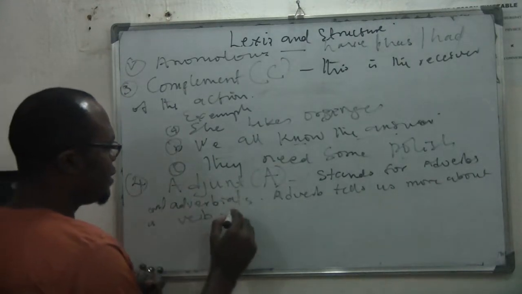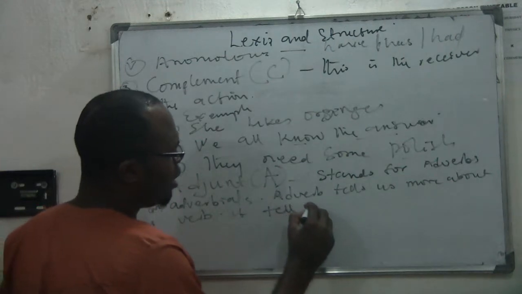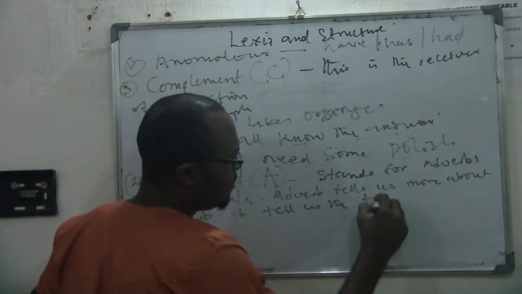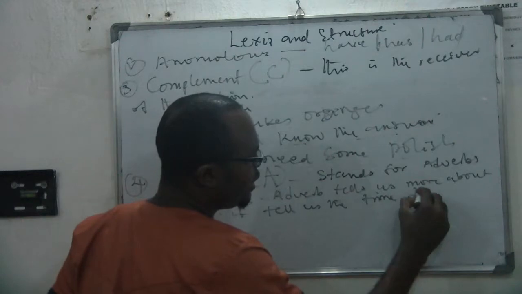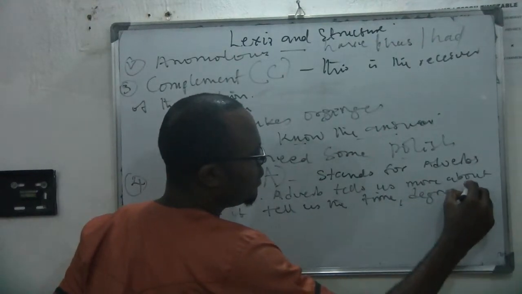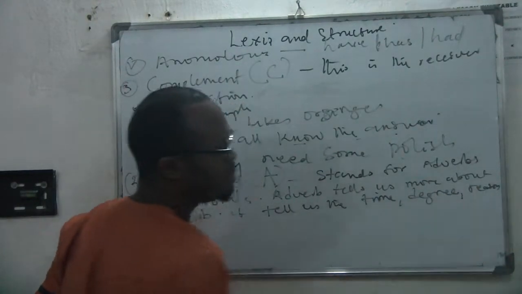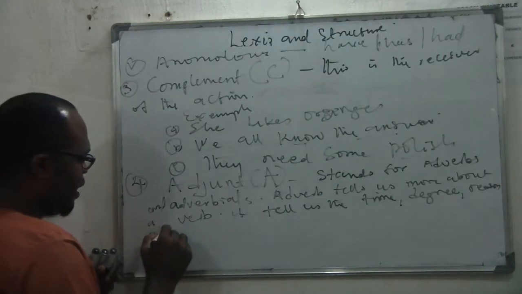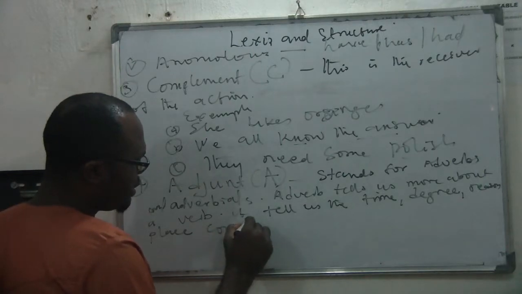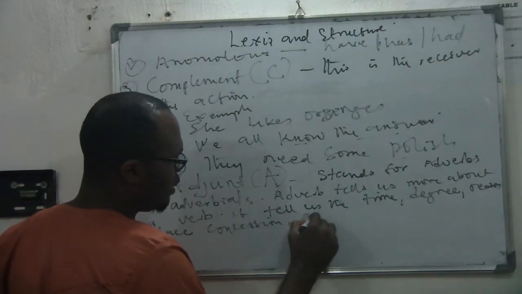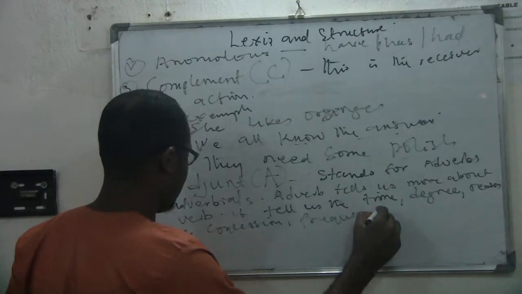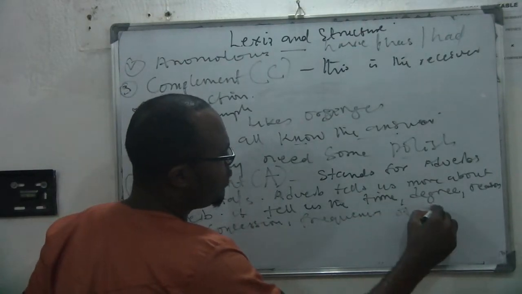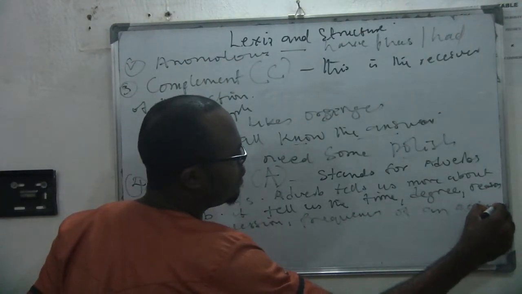So what does it tell us? Time, isn't it? Degree, isn't it? Reason, isn't it? An adverb or an adjunct can tell us time, degree, reason, place, concession, frequency of an action.